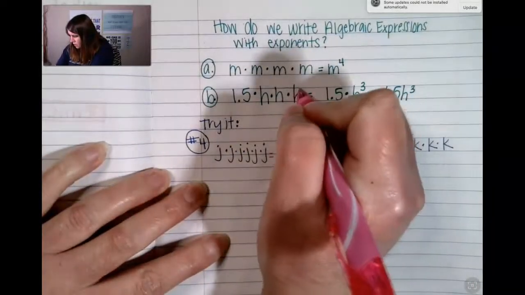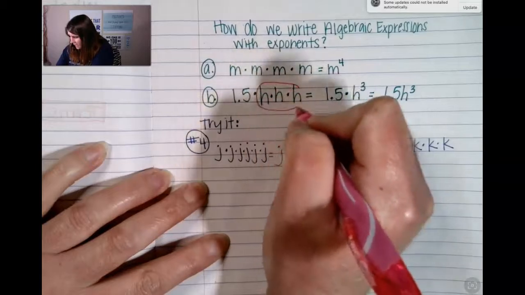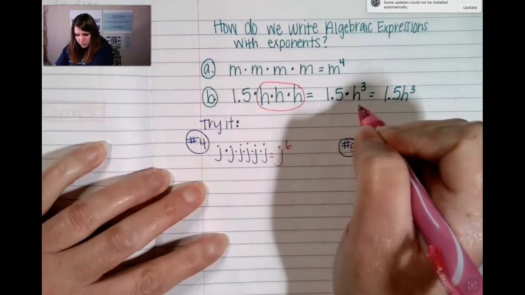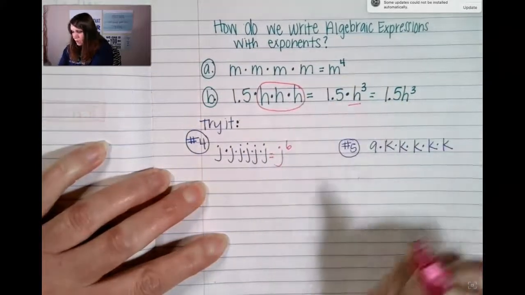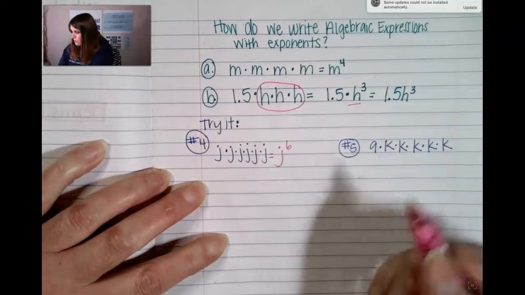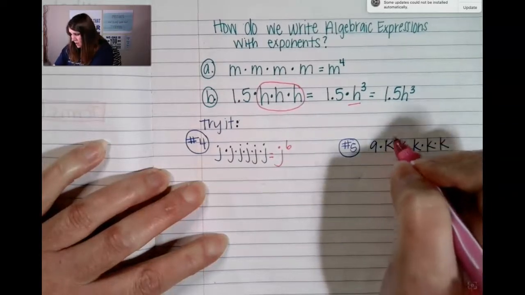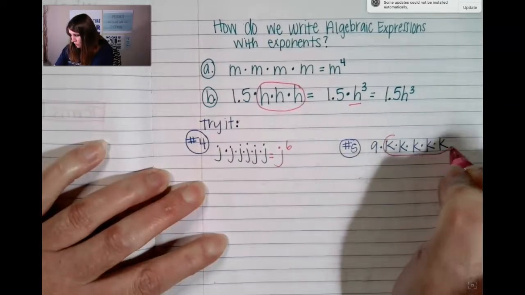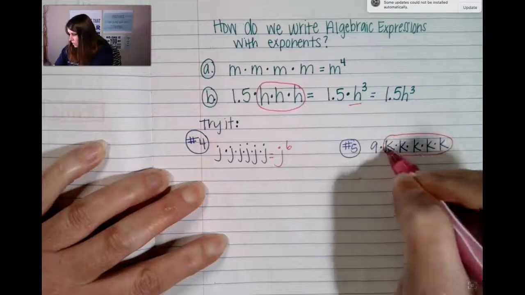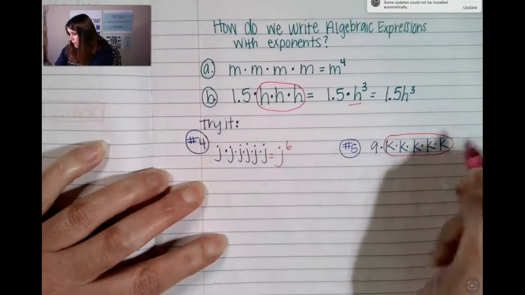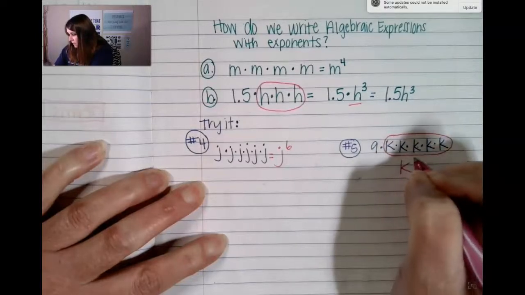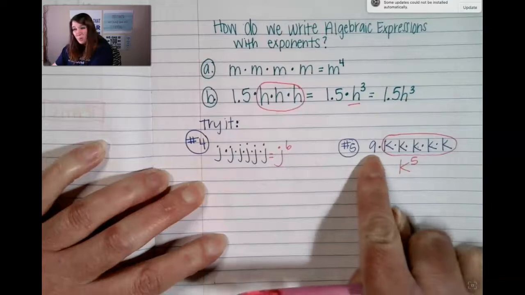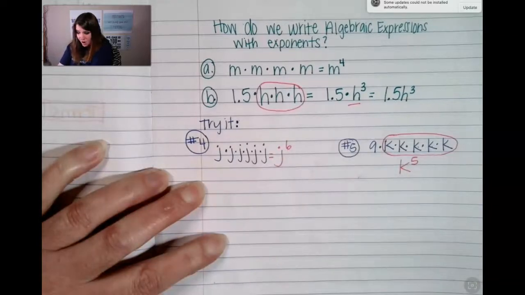I know that I just took all those H's and put them together, so I'm going to do the exact same thing and put all these K's, 1, 2, 3, 4, 5 of them. It's all about the K. All right, but there was one other part, and I cannot forget about that other part.